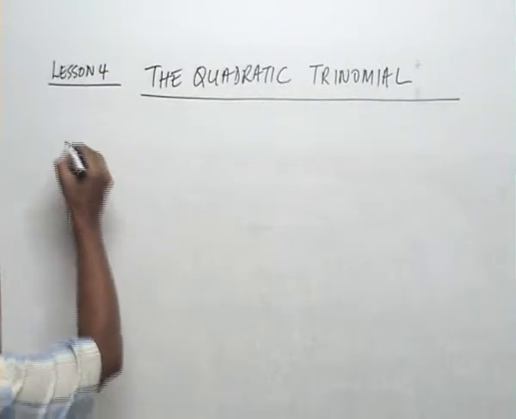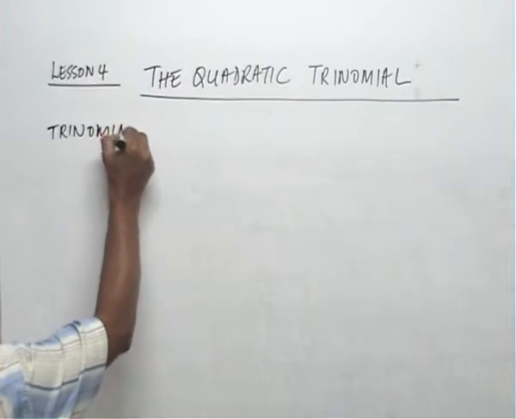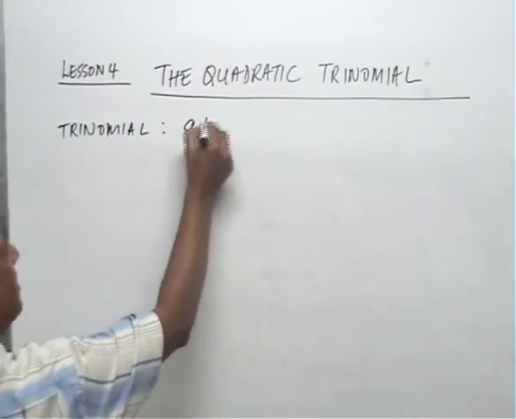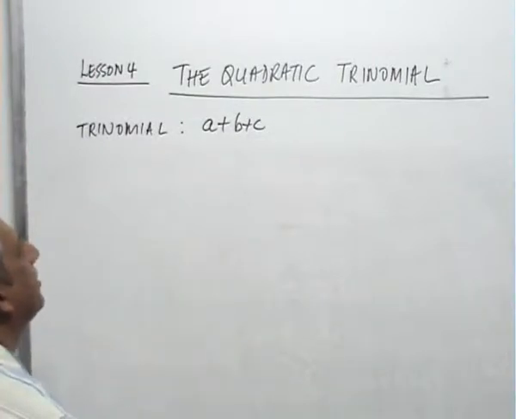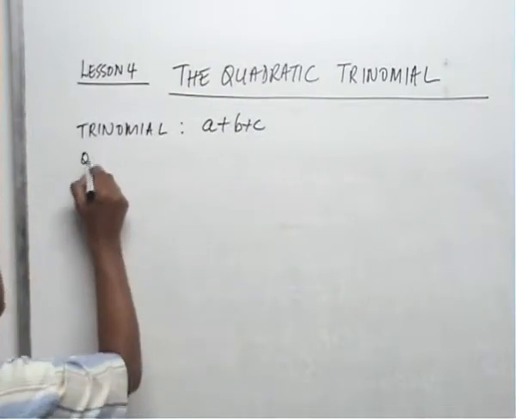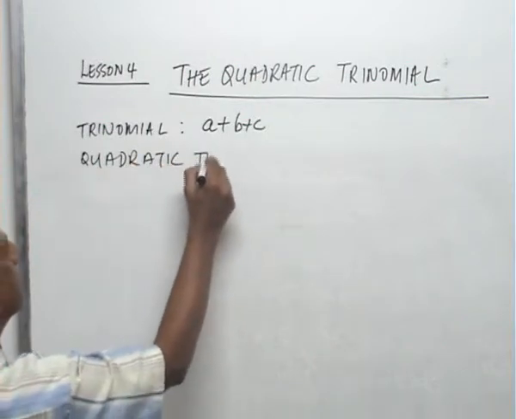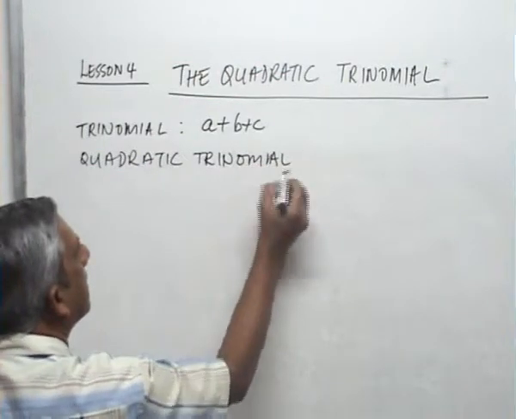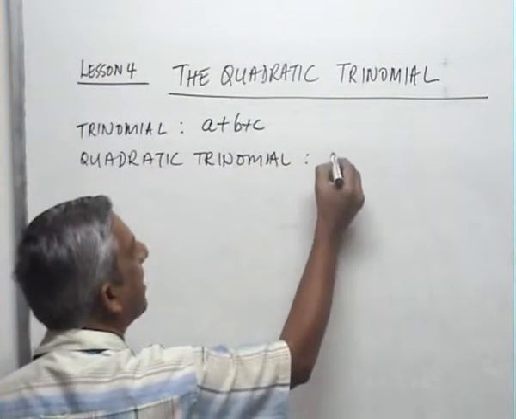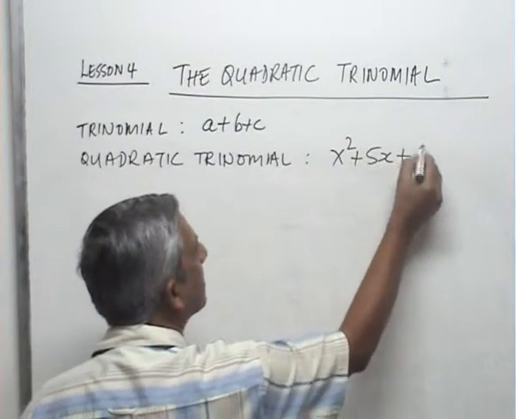Right, the quadratic trinomial. Firstly, let's see what is a trinomial. If I just tell you a plus b plus c, then that's an ordinary trinomial. But a quadratic trinomial, an example is like this: x squared plus 5x plus 6.